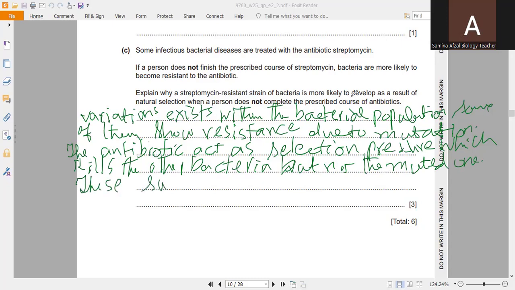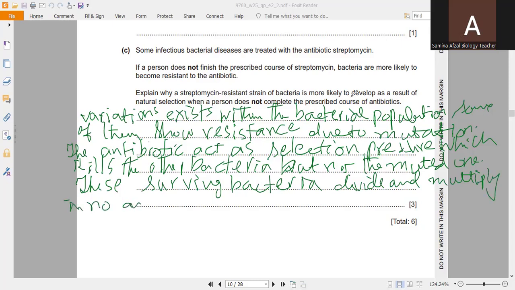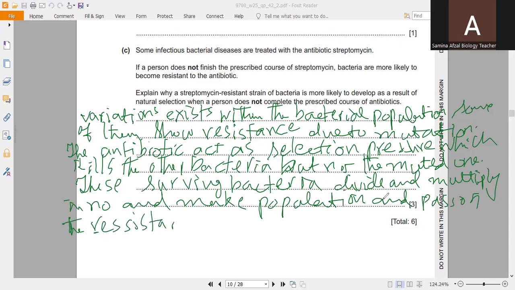These surviving bacteria divide and multiply in number and make a population, and pass on the resistant allele to their offspring.